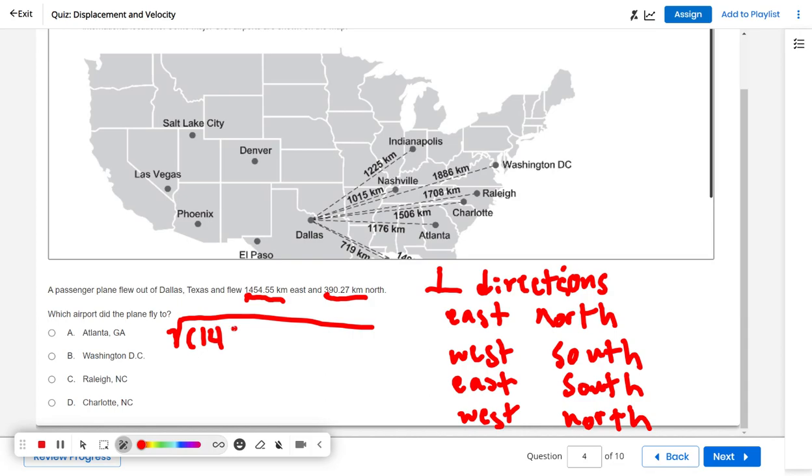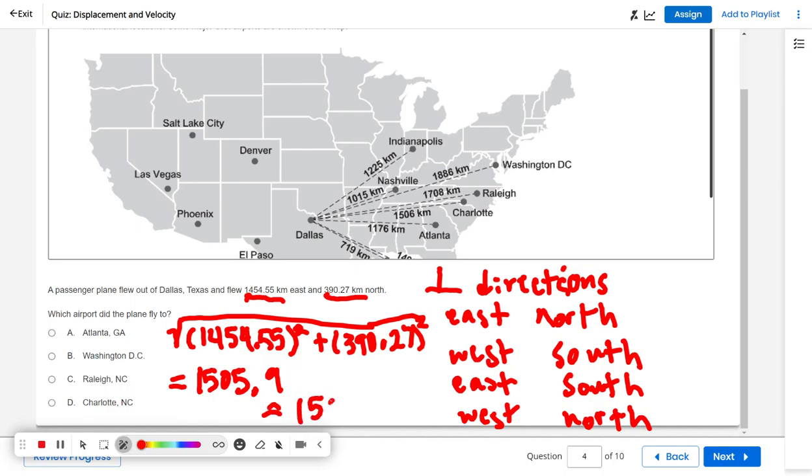Pick the 1454.55 plus 390.27. And after I put that in my decimals calculator, I get 1505.89, but what's going to happen is this is going to go up to 1506.